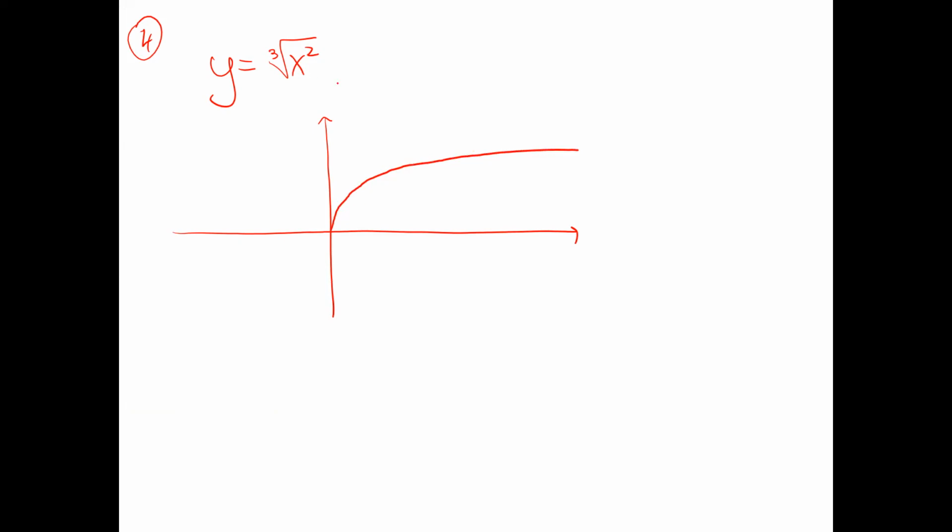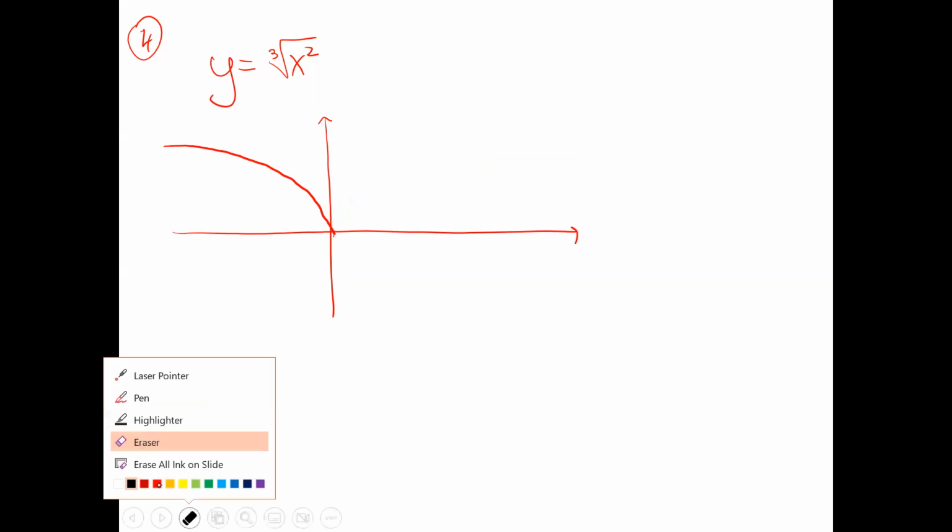But all of the negative values will become positive with a little bit higher values. So we kind of do this. I just want to nicely meet them. That means this is the graph. Since we are squaring, it's supposed to be nice and symmetric. Let's do this one a little bit higher.